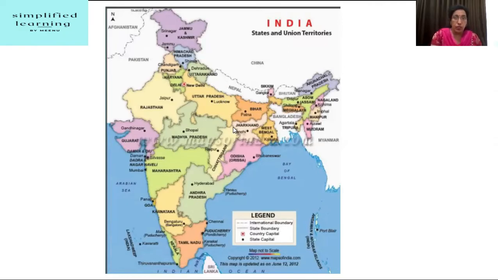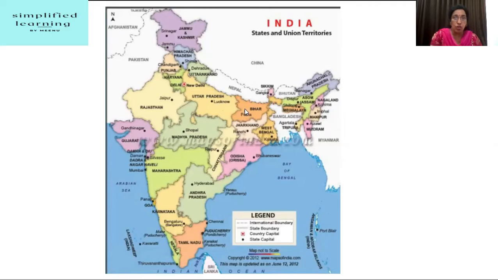Then we have state boundaries also, which is within India. Suppose we talk about Uttar Pradesh and Madhya Pradesh, how they both are getting separated. They are separated with this boundary. We call them state boundary.